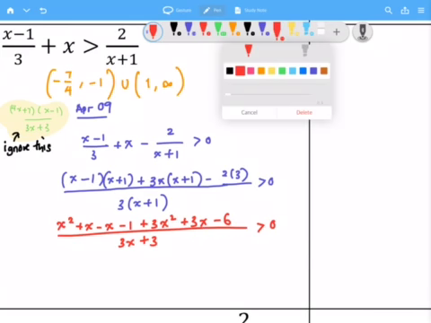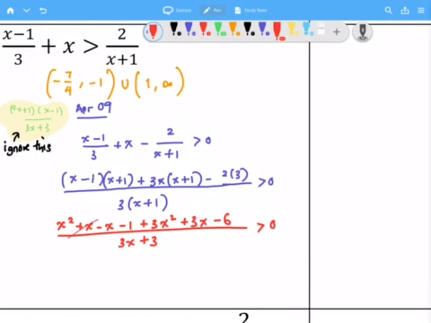Okay, let me reduce the thickness here. After that, we look for something that we can get rid of. This x can be removed. So the rest, we just proceed. x squared plus 3x squared goes to 4x squared, and then plus 3x minus 7 over 3x plus 3 bigger than 0.